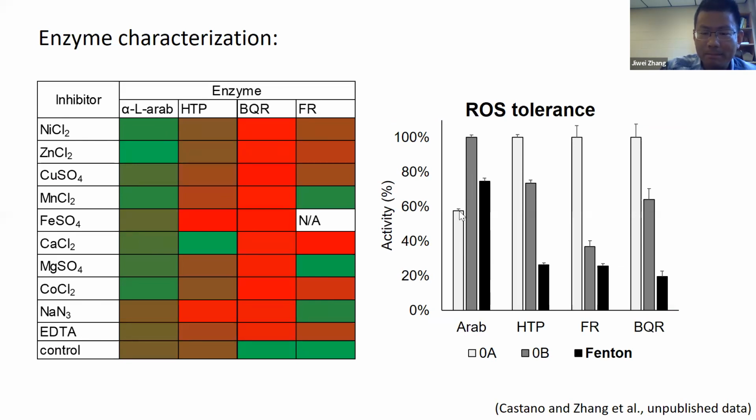The white bars are the controls, and the black bars are the enzyme activities that were subjected to ROS damage. So you can clearly see this hydrolase is tolerant to ROS damage. That means brown rot hydrolases involve novel activities to tolerate ROS.